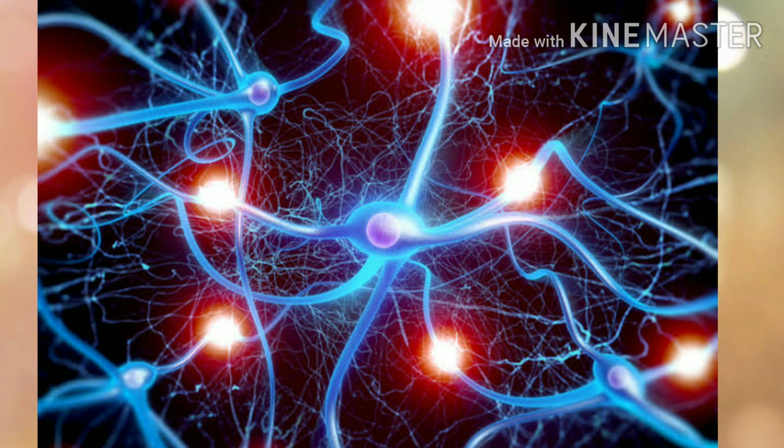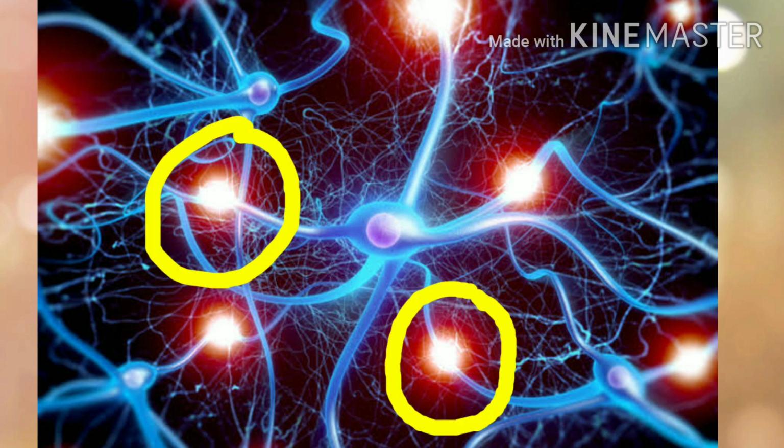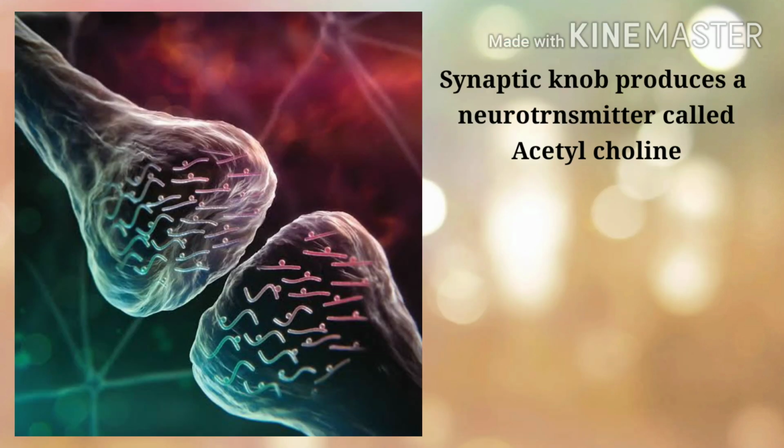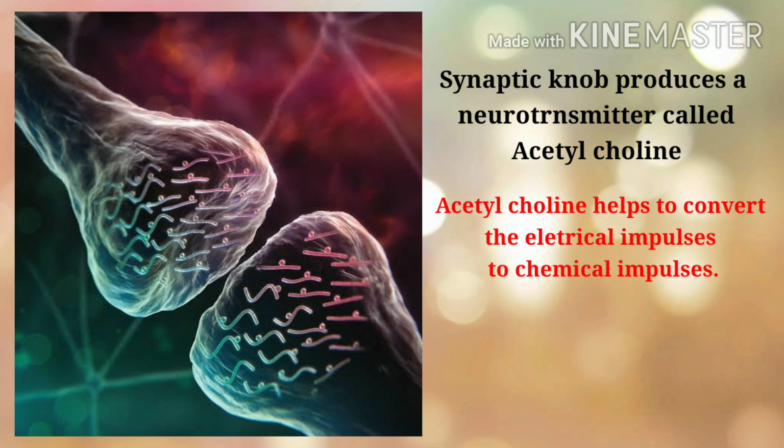The nerve impulses are electric impulses; they have electric charges. When the electric impulses reach the axon terminals, the synaptic knob produces a neurotransmitter called acetylcholine. Acetylcholine helps to convert the electric impulses to chemical impulses.